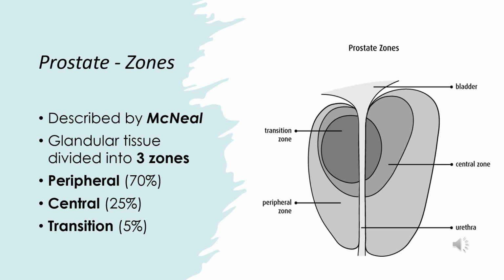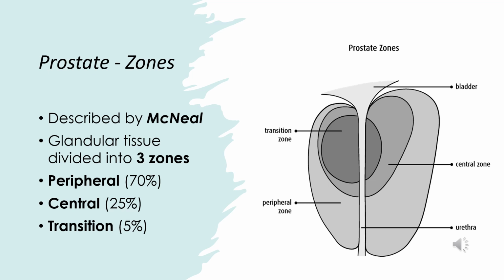So the new concept regarding the zones of the prostate gland is that the glandular tissue is divided into 3 zones, namely the peripheral, central, and transitional. These zones are of clinical importance because the most common disease that affects the prostate gland, especially in older men, is benign prostatic hypertrophy.